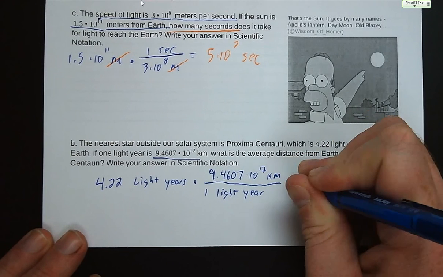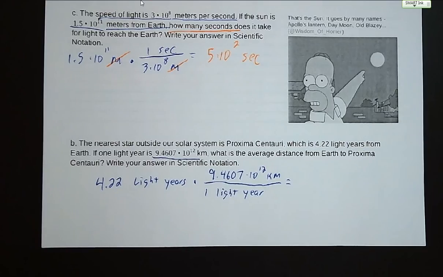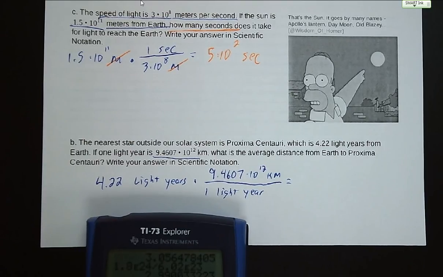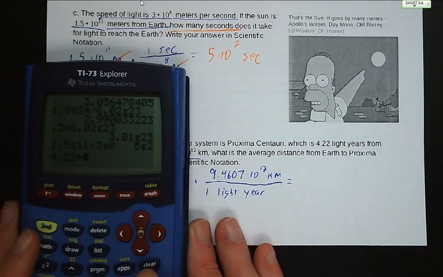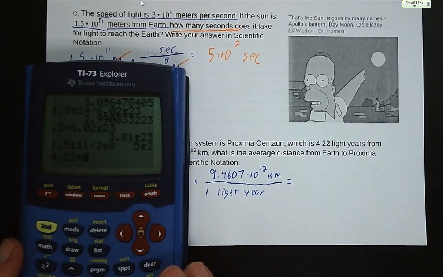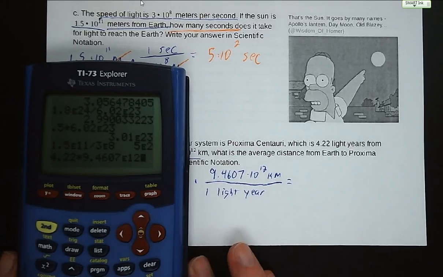Okay, so over the course of 1 year, light will travel that far. All right, so now we need to do our calculation. So we have 4.22, the number of light years, times distance that light travels in a year, 9.4607 times 10 to the 12th power.